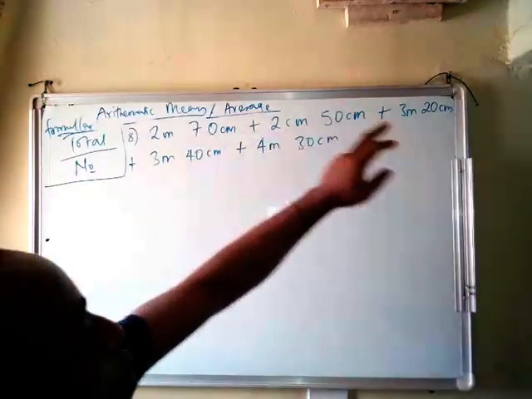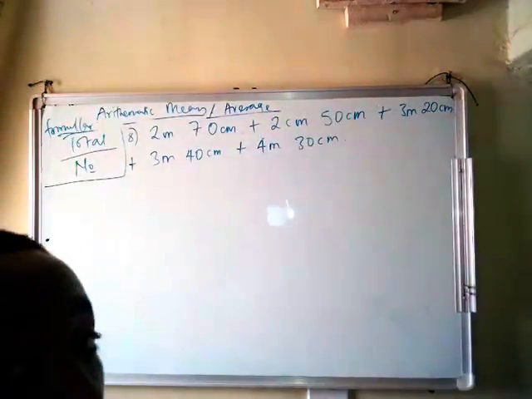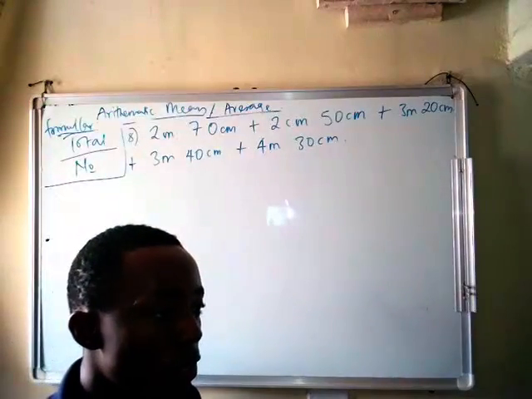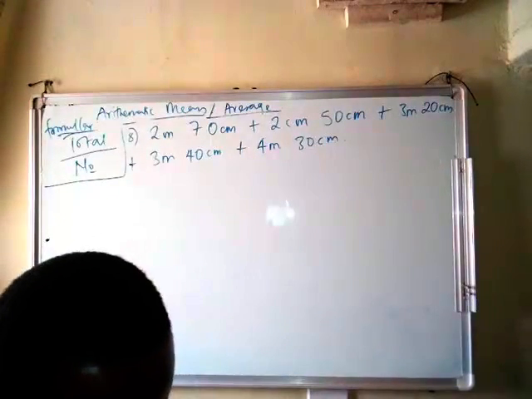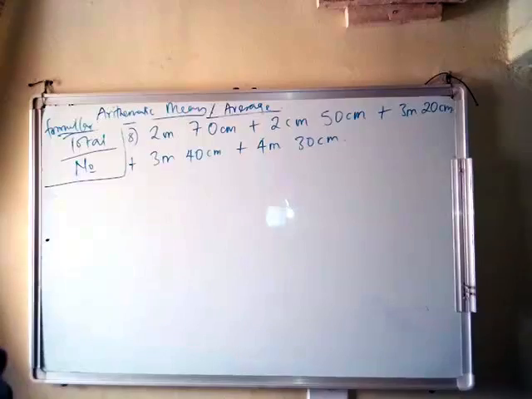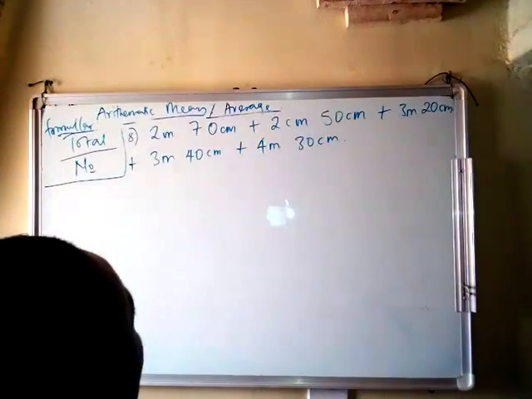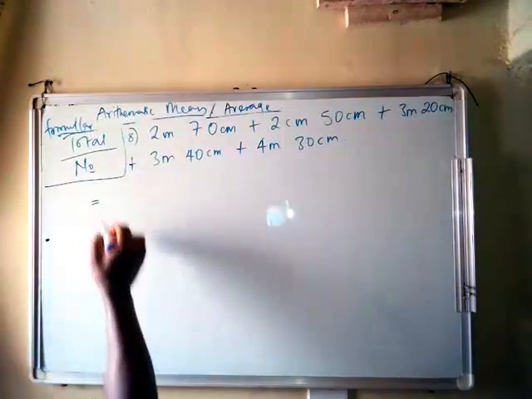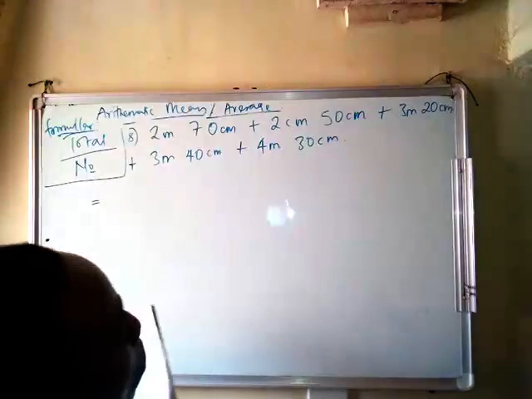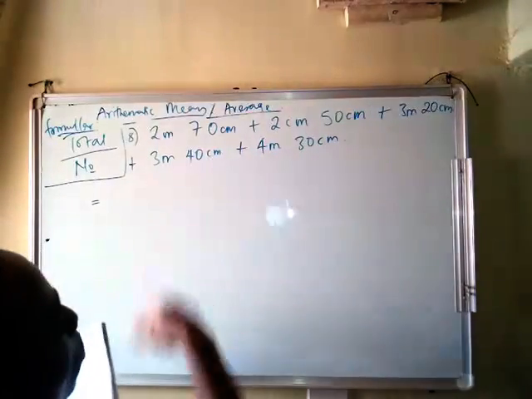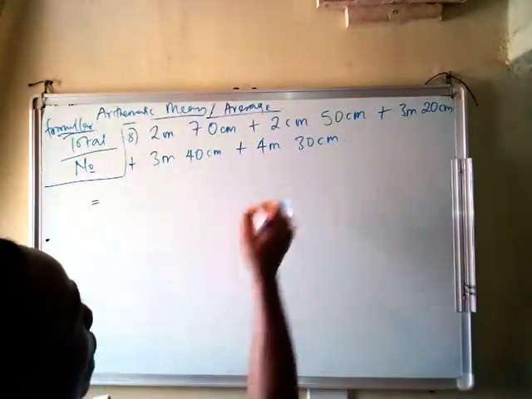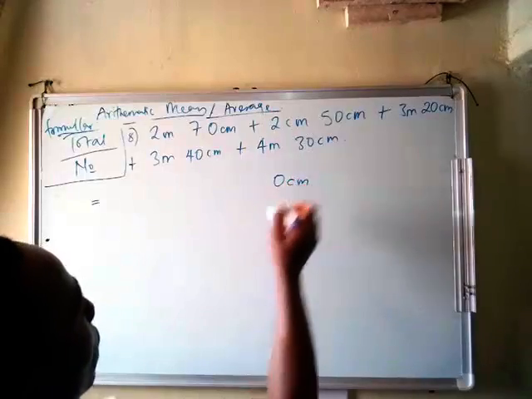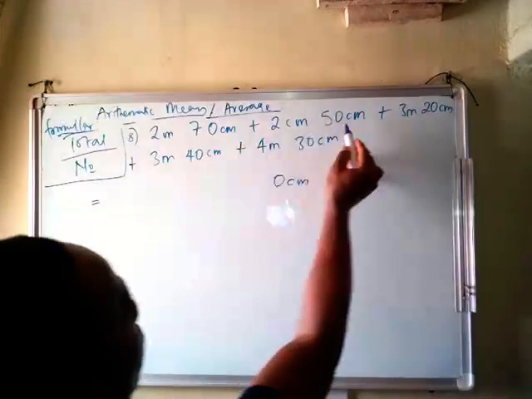Okay, so let's find the total for the centimeter side. So it has 2 digits there, so we could as well just add 0 there. Put your centimeter by the side because we check 0, 0, 0, 0, and 0. So let's add the other part. So 7 plus 7.